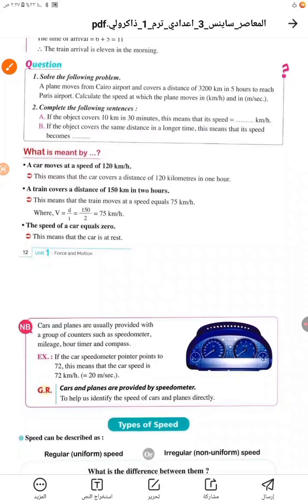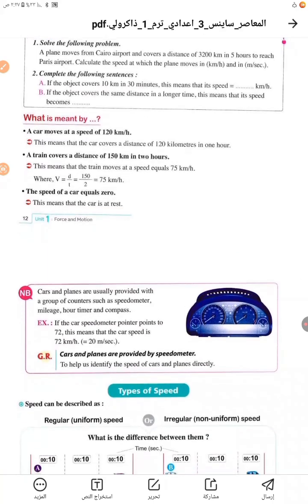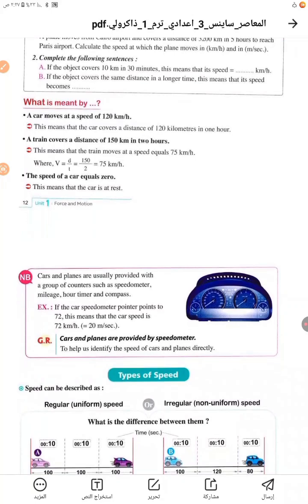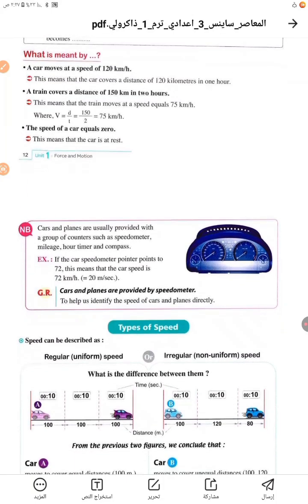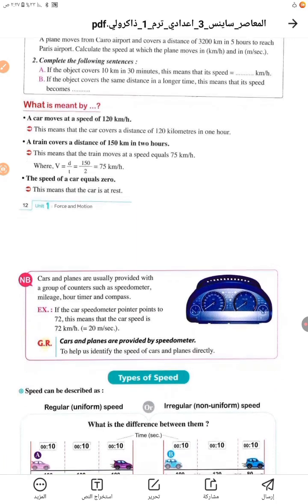Question. I have an exercise. There is another type of question: what is meant by a car moves at a speed of 120 km per hour? This means that the car covers a distance of 120 kilometers in 1 hour.